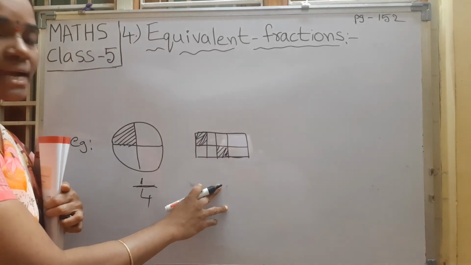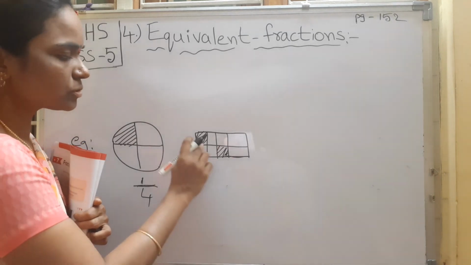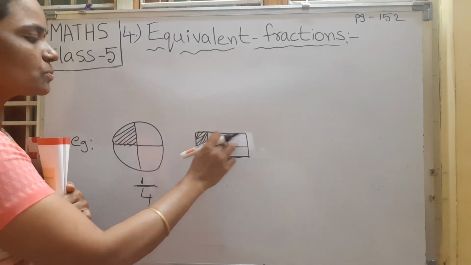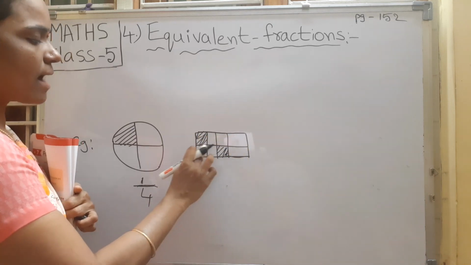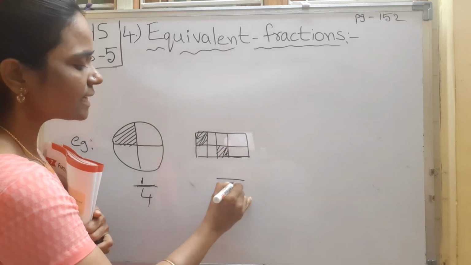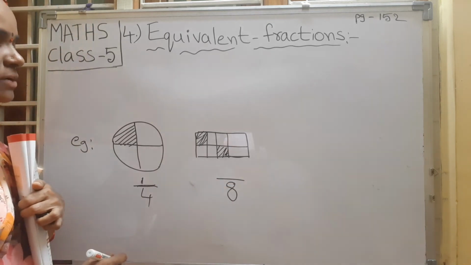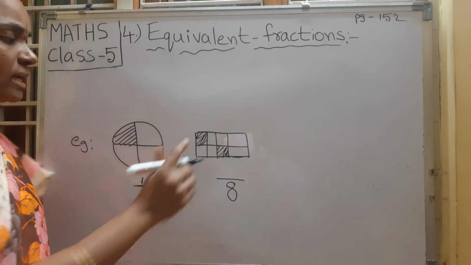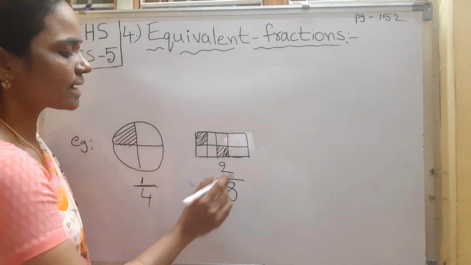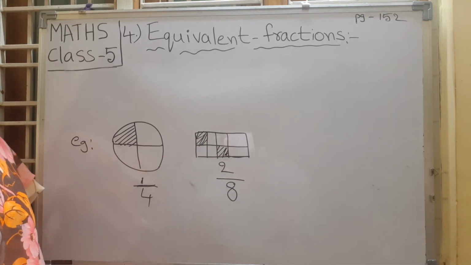So what is the fraction for the given shape? Total how many parts are there? Total there are 8 parts. Out of 8, how many are colored, children? Only two parts are colored. So the fraction is 2 by 8.